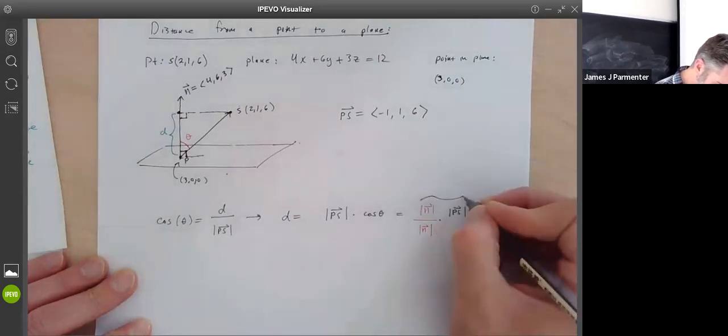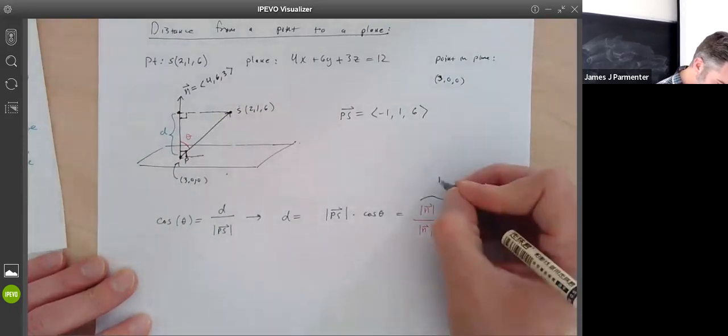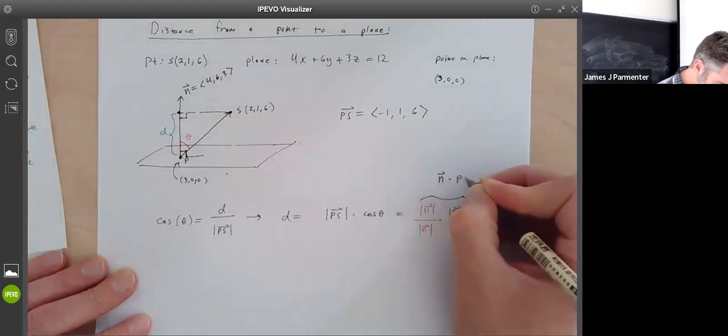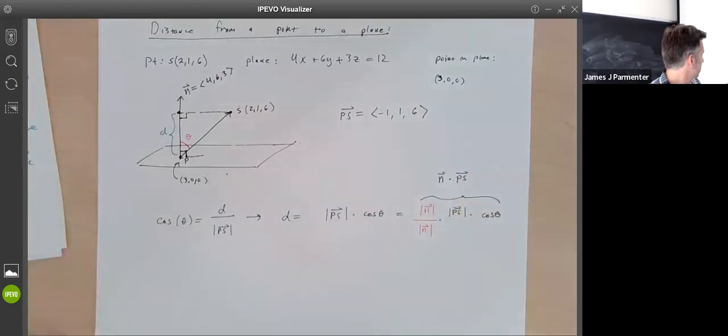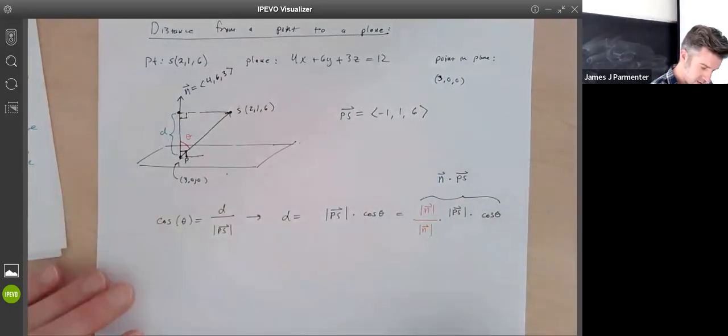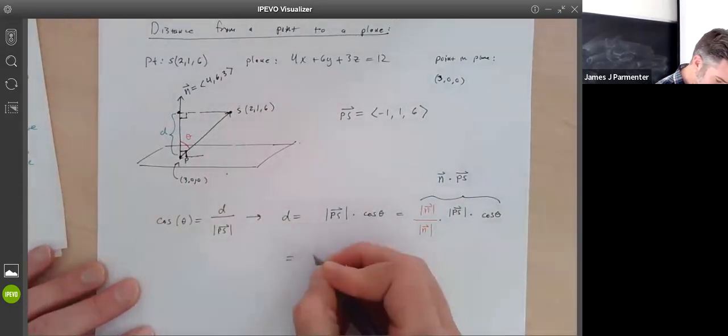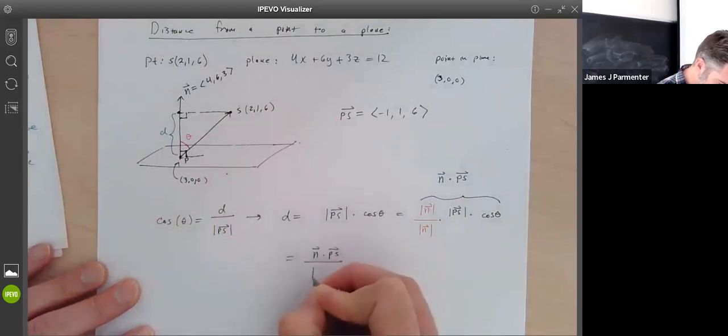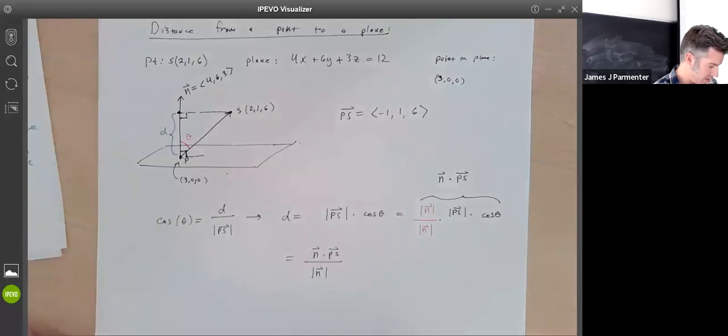And now this top part is exactly n dotted with PS. This trick gets employed a lot. So here we're going to have n dot PS divided by the magnitude of n. And we can totally calculate that.